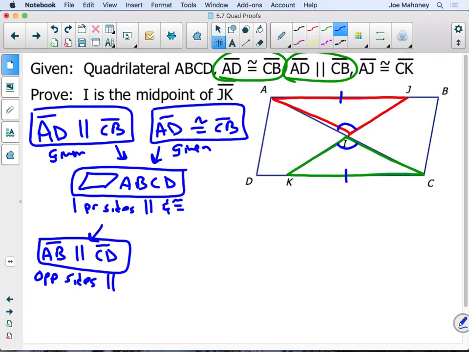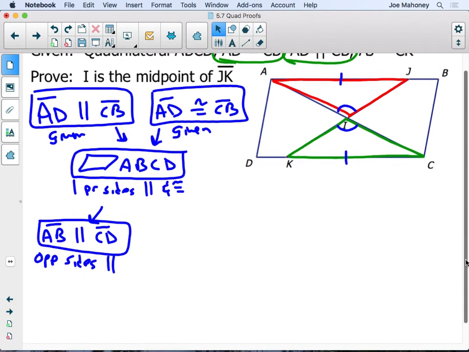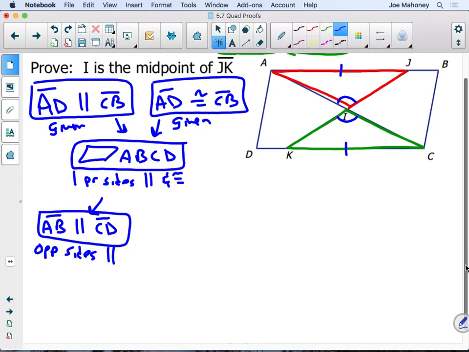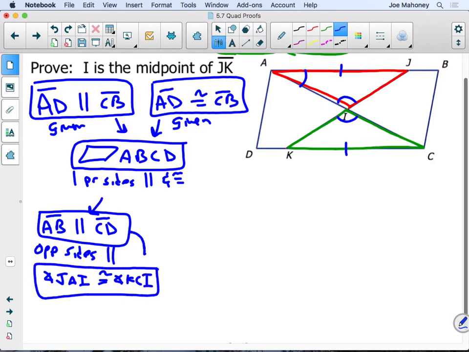So now that side AB is parallel to side CD, I can say maybe angle JAI, this angle here, is congruent to angle KCI. And that's going to be true by AIA. Those kind of go together. Prove a pair of sides parallel and then use AIA to get angles congruent.